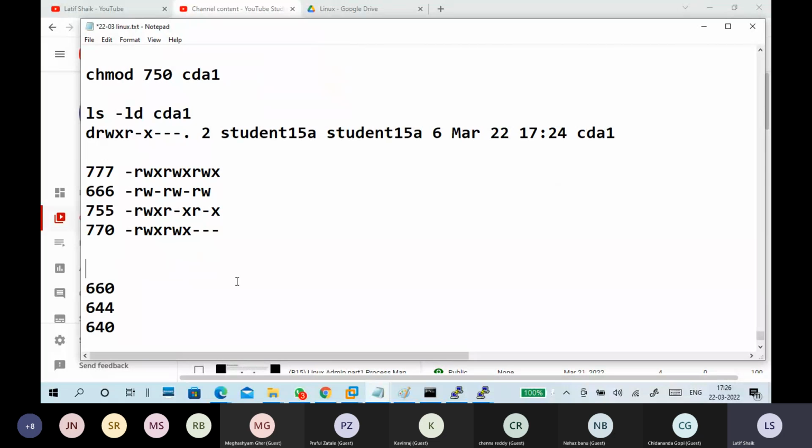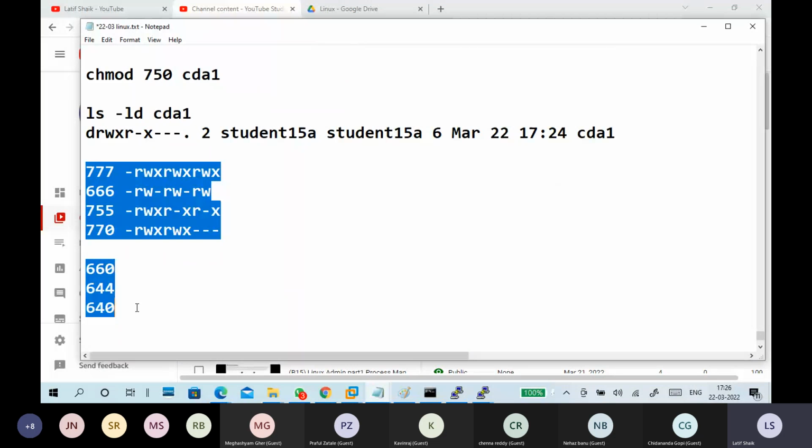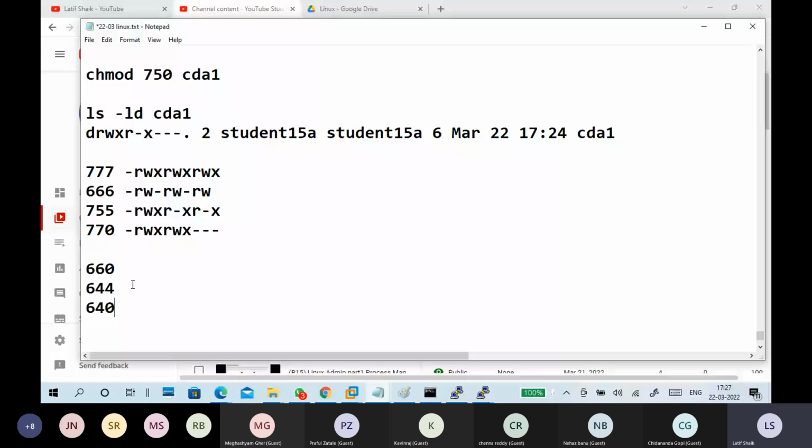These are the most frequently used permissions. Once you know one or two combinations, you can easily and immediately tell about those permissions.